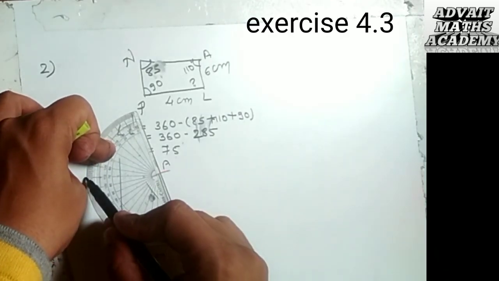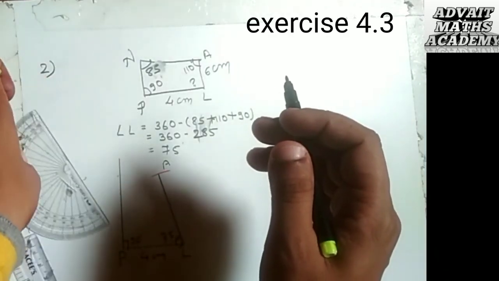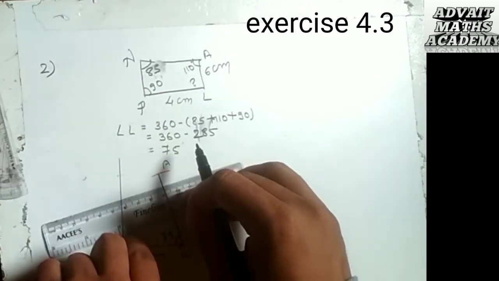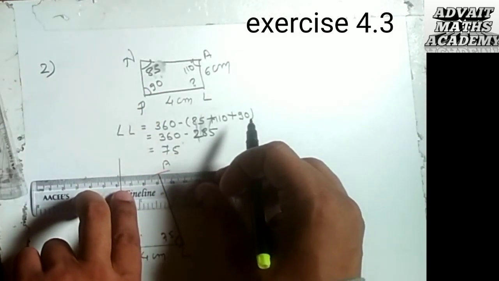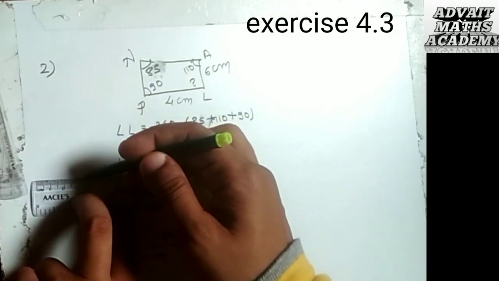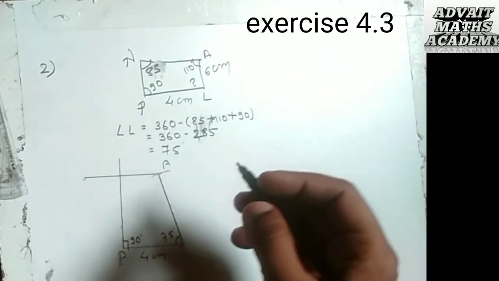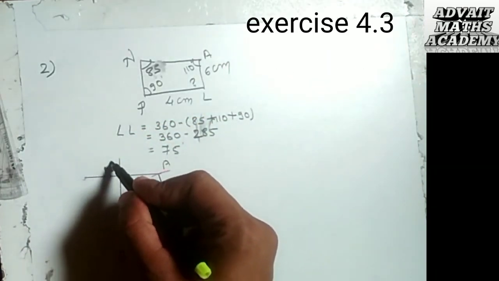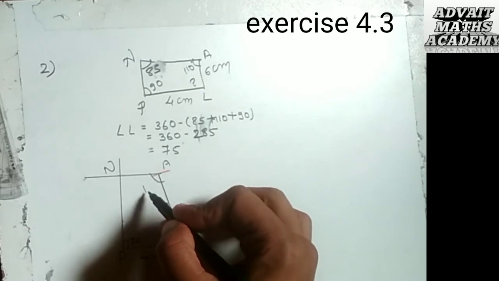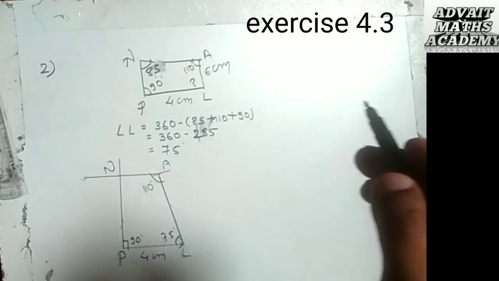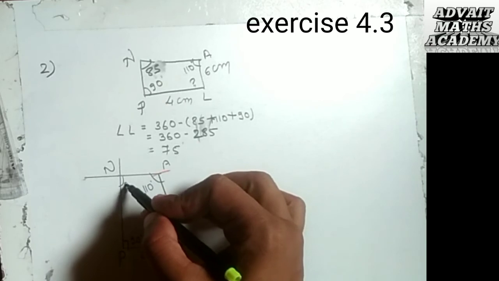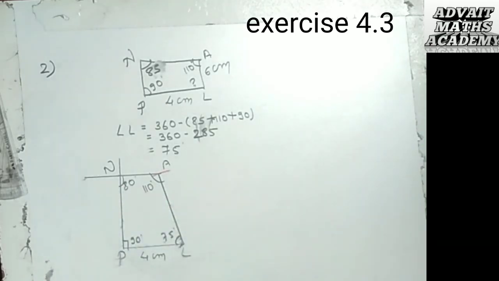See, here is 110 degrees. With the help of the ruler, join this. This is point A, this is N, right here 110 degrees, and the remaining is 80 degrees. Here is 80 degrees.